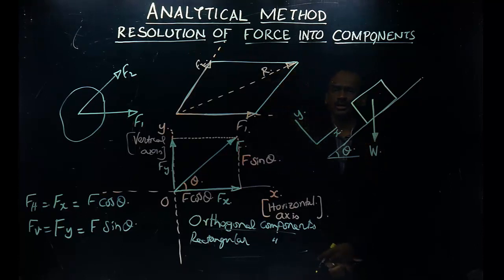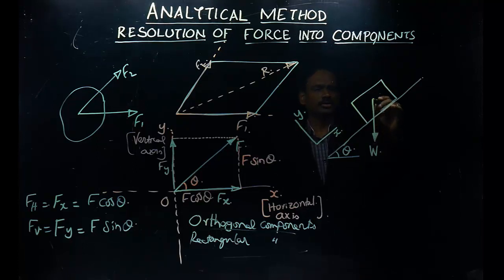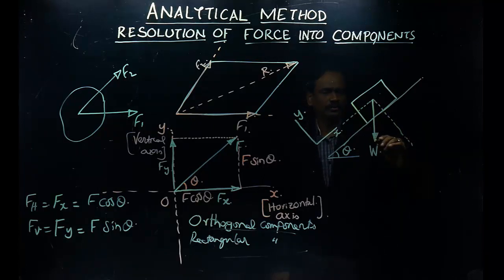Now how to find the x and y components of this force? All we have to do is draw a line parallel to this. These are the x and y axes. Now from this tip you draw a line parallel to this, and from here draw a line parallel to this line.